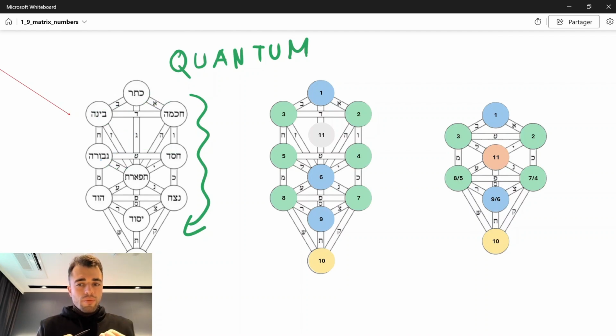But because nothing is really linear in this world, it is both linear and quantum, happening at the same time. And this tree has the ambition to describe non-linear reality and quantum reality at the same time as linear reality and everything in the universe. This tree is impossible to describe in 3D. This is always a process. This is not a tree that you can register in your mind and say, oh, I understood it.